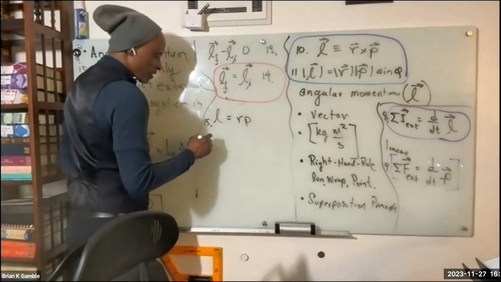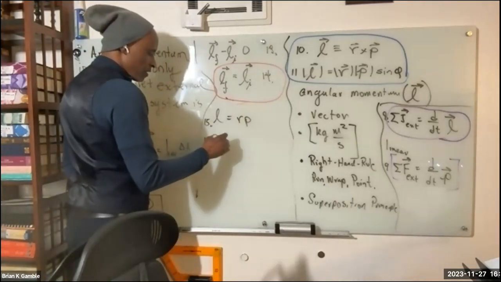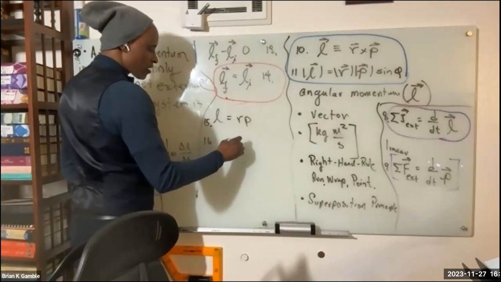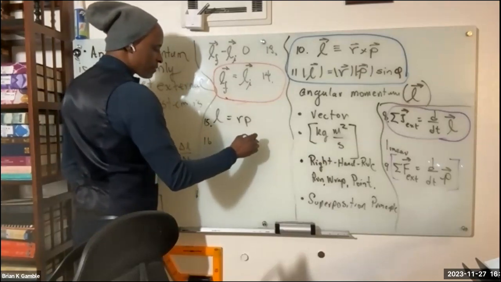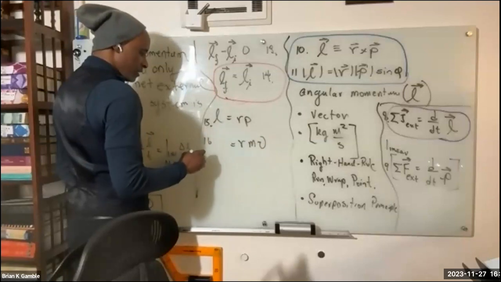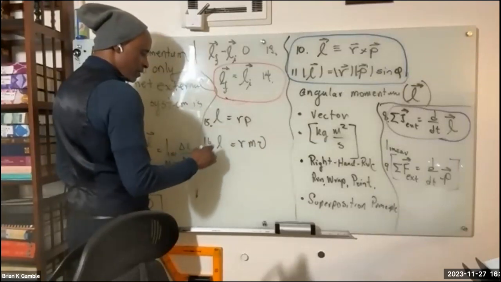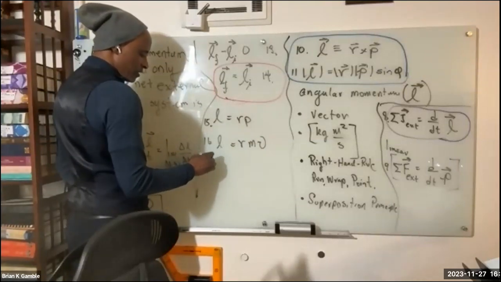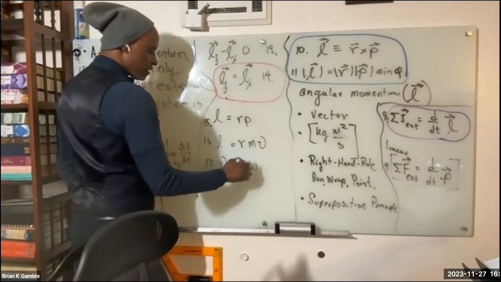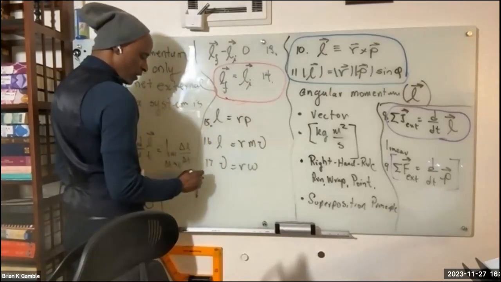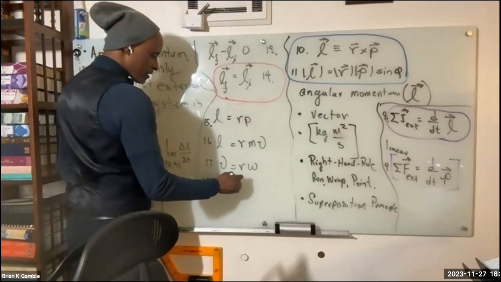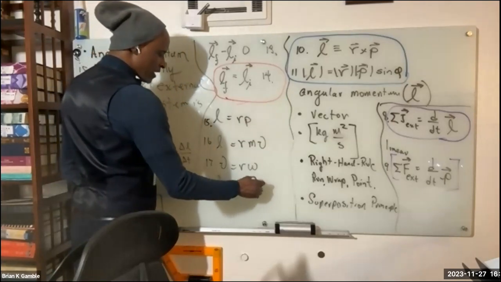We say that P is equal to mass times velocity, but speed in rotational terms is equal to R times omega. So if we stick that in, angular momentum is equal to R times M times R times omega.